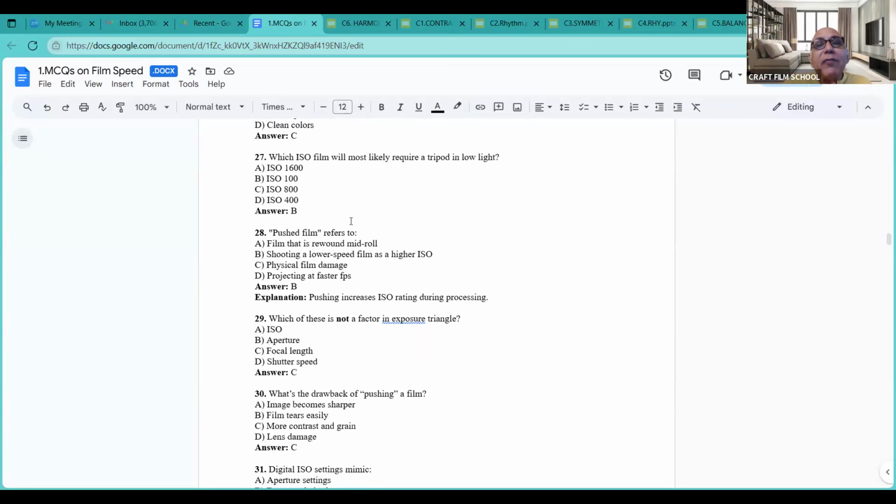Okay. So another way of asking about the use of a tripod: which ISO film will most likely require a tripod in low light? For still photography, if you are using a handheld camera and your shutter speed is slow, let's say 1/30th of a second, the image will be blurred.